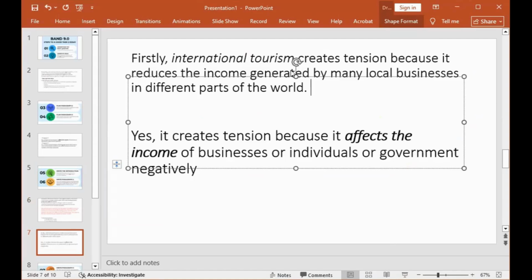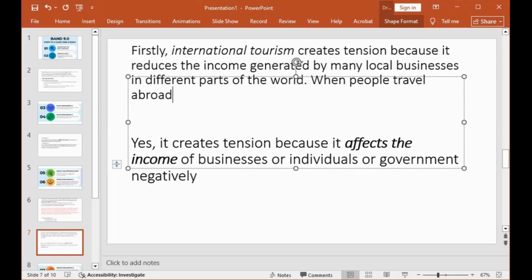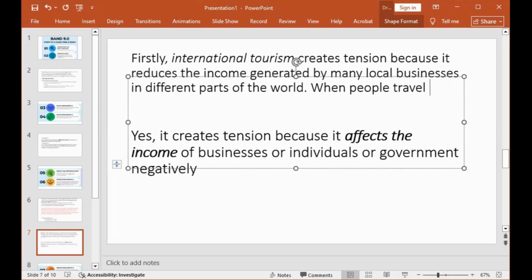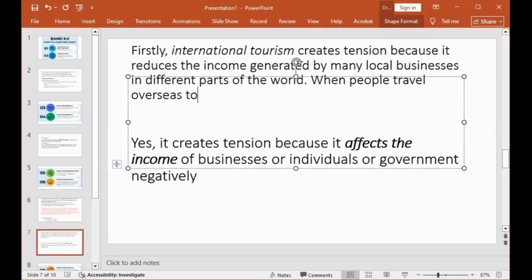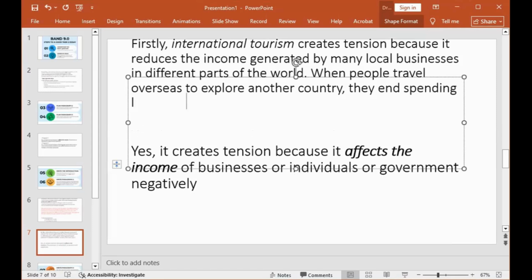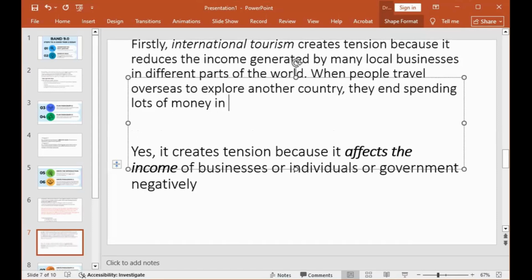So I'm going to say, when people travel abroad, or let's say when people travel overseas to explore, have I used the word explore? No, I've not used it. I think we mentioned it when we were defining international tourism. When people travel abroad to explore another country, they end up spending lots of money in that country.